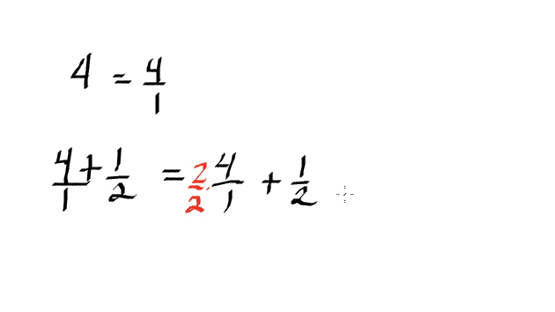And now I'm going to rewrite this. So we now have 2 times 4, which is 8, over 2 times 1, which is 2, plus a half.